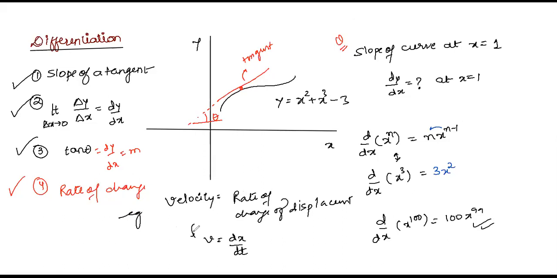This is the key point. So how are we merging from mathematics to physics? A very, very crucial point of understanding, that until now we were just talking about rate of change. Now I am talking about the rate of change of displacement.